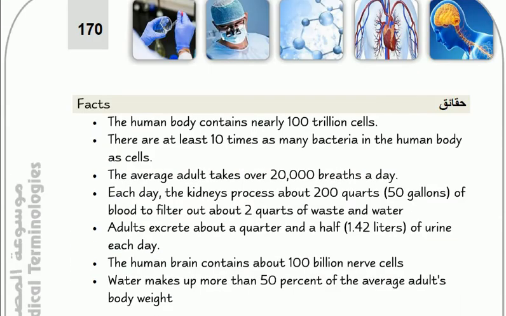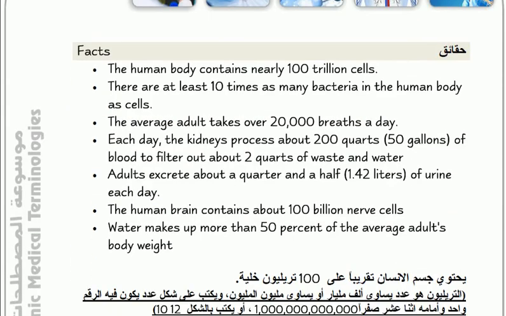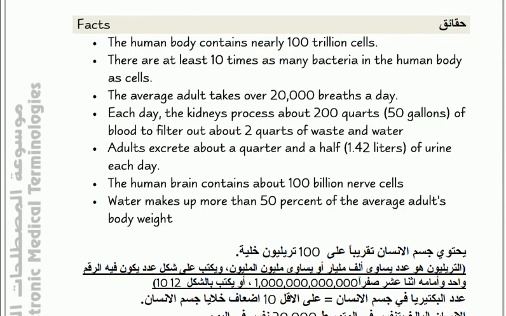Facts. The human body contains nearly 100 trillion cells. There are at least 10 times as many bacteria in the human body as cells. The average adult takes over 20,000 breaths a day.